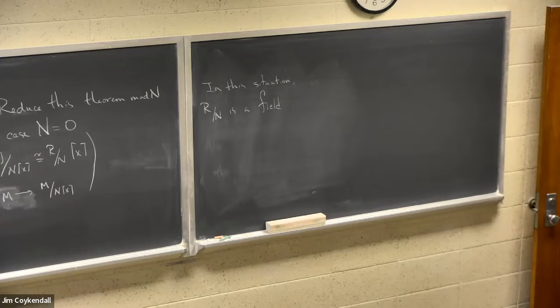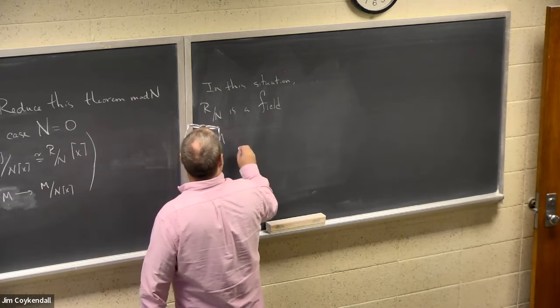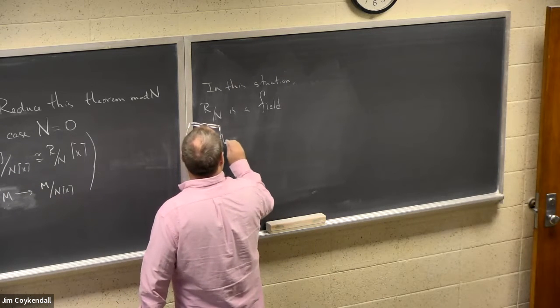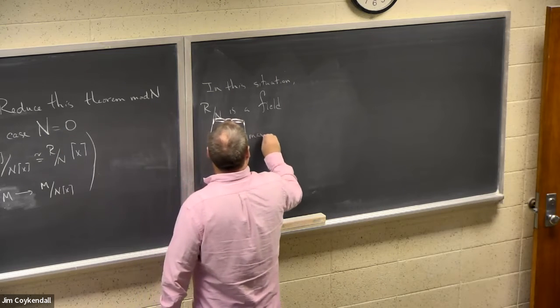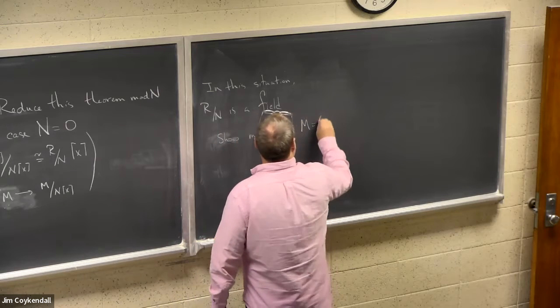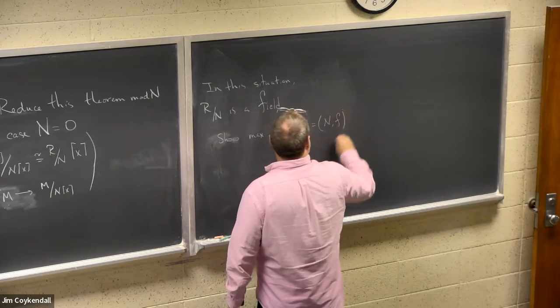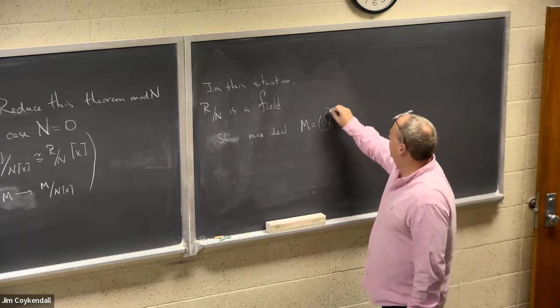And now, basically, what you have to do is show that a maximal ideal is generated by n, f, but here n is 0.